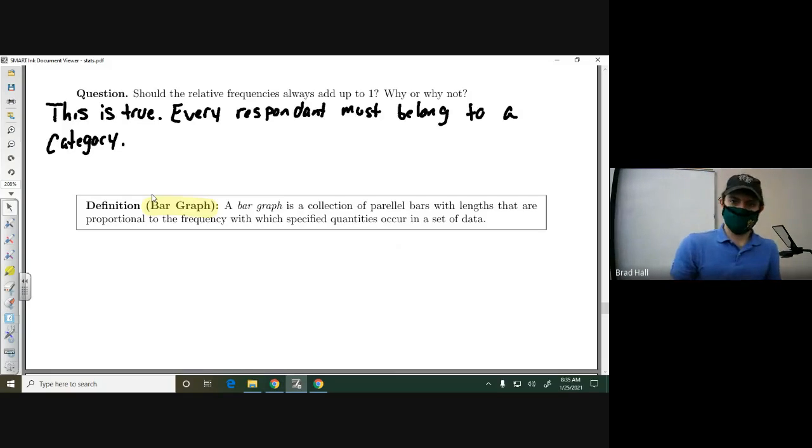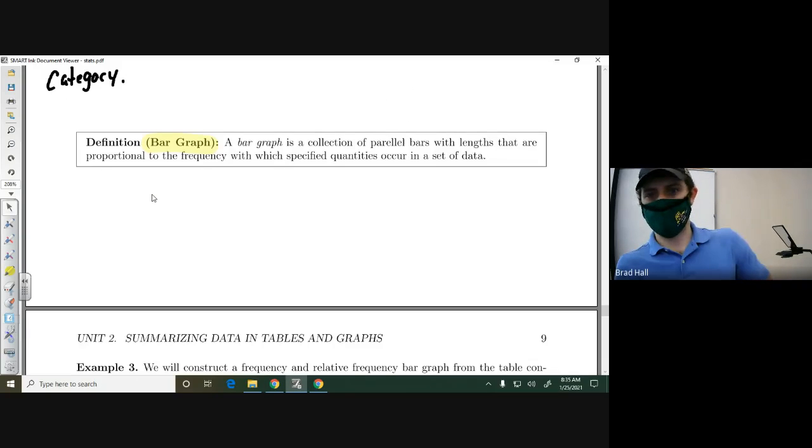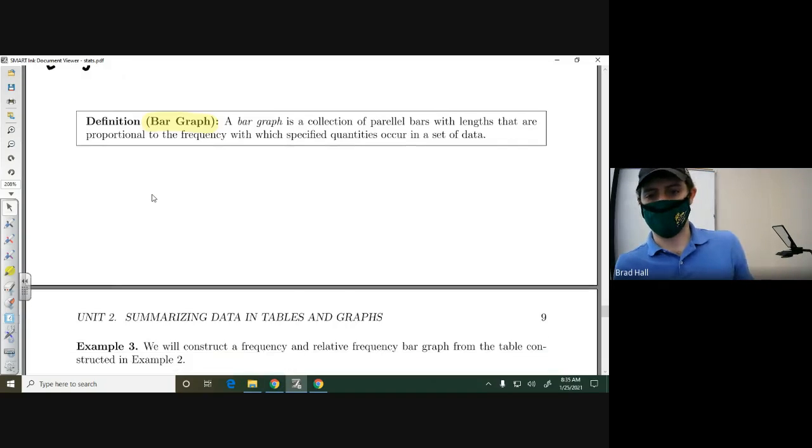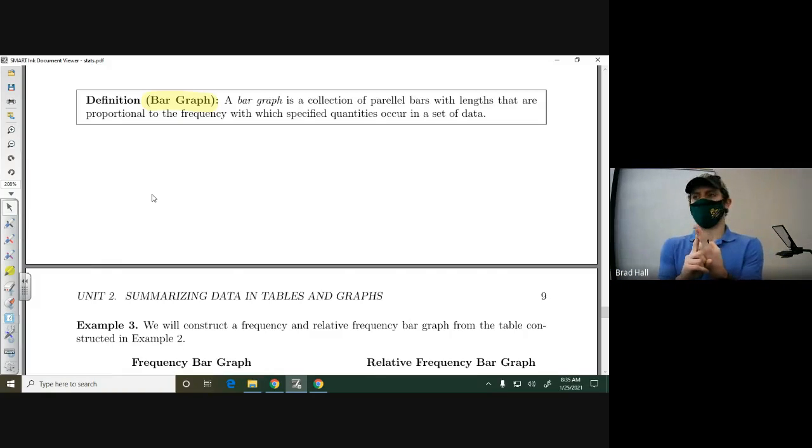Mainly it's best to define a bar graph by looking at one. We can do bar graphs for the frequency, which was counting the number, and we can do a bar graph for the relative frequency, which was the percentage that each category was in relation to the total.